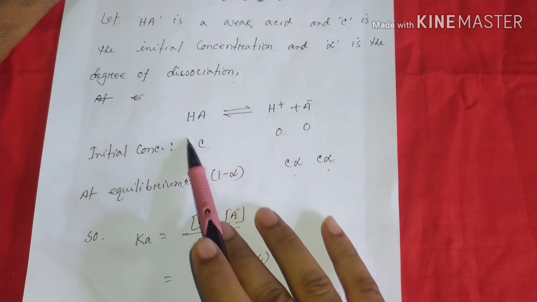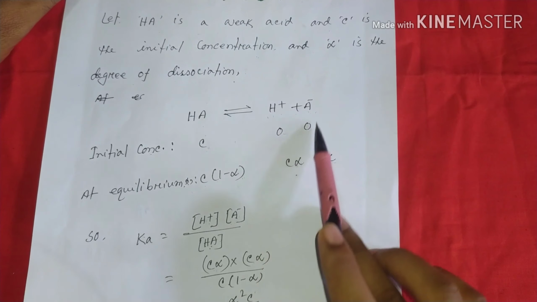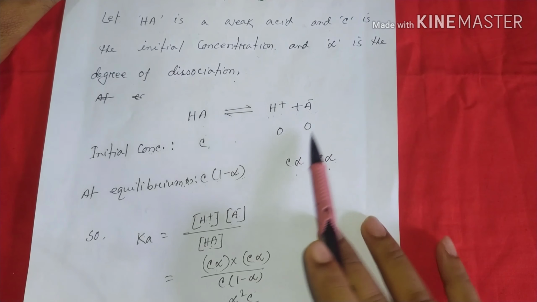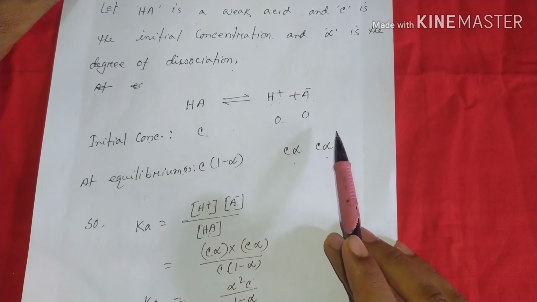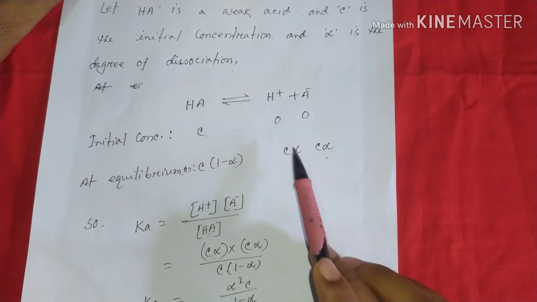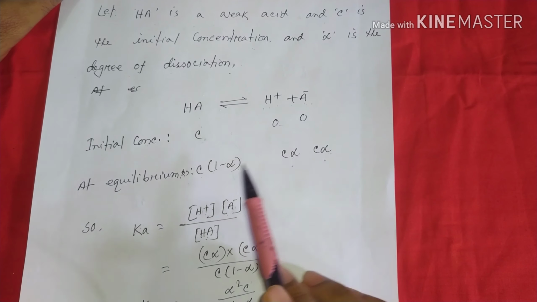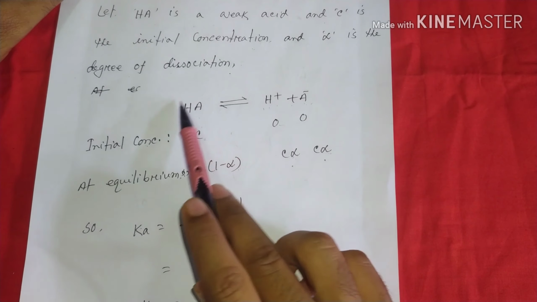That's why the concentration of reactant HA is C, and the concentration of products is 0. If the alpha amount is dissociated, then the concentration of proton is C alpha and the concentration of anion is C alpha, and this denotes the undissociated acid.